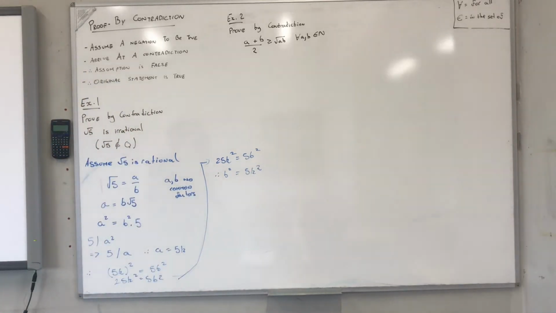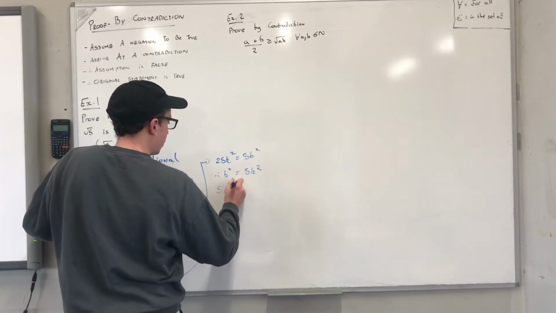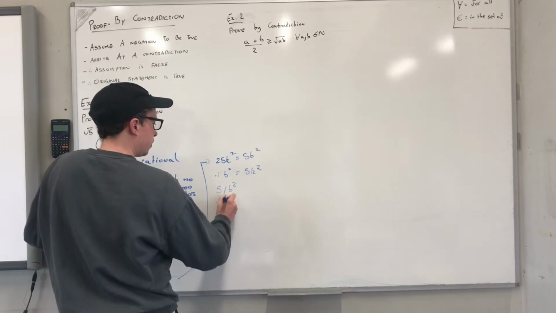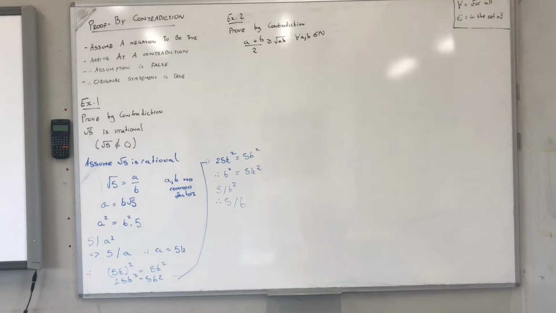So I've actually ended up with a very, very similar statement. b squared equals 5k squared. Okay? So that means 5 divides b squared. So now I've ended up with 5 dividing b.